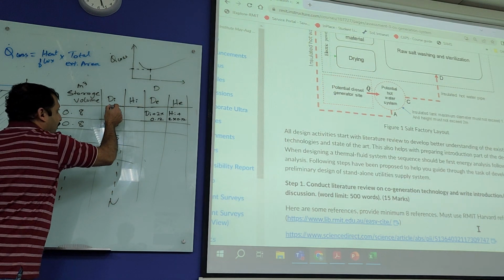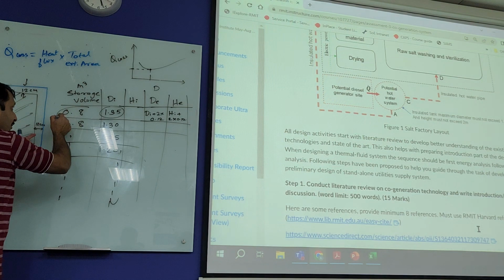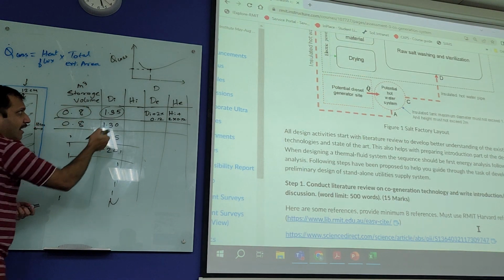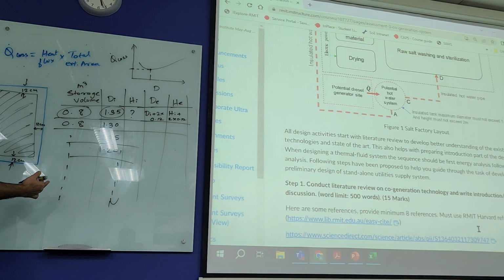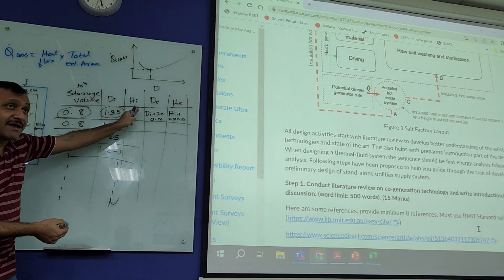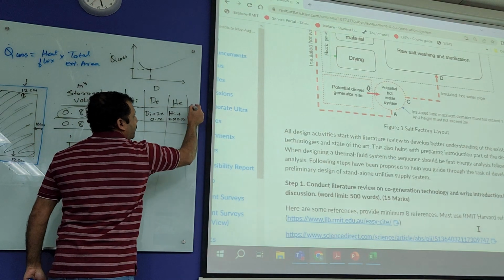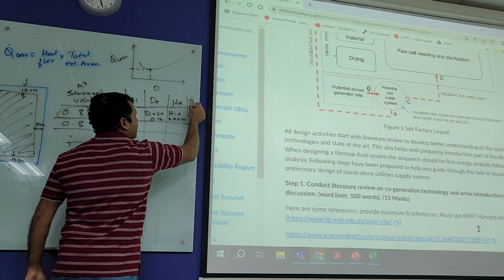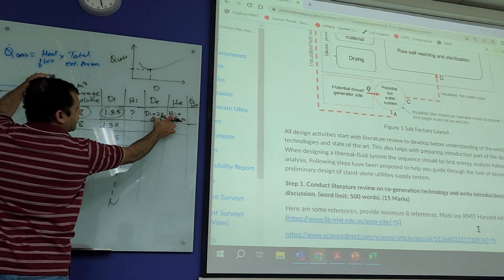Now, if the diameter was that much and the volume must be that much, how much should be the height? You can easily calculate that, the volume of a cylinder going backwards. Right? I don't think I need to explain all of that to you. So once you have the height, then you add one more column, which is Q dot loss. So you have the external diameter, external height.